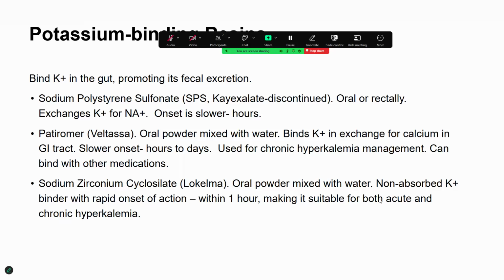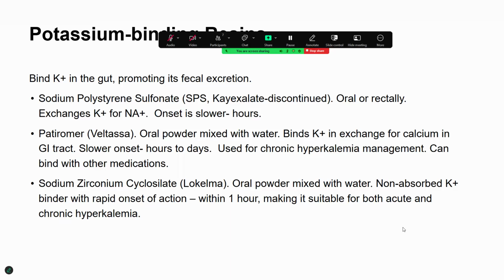Veltassa, an oral powder mixed in water, binds potassium in exchange for calcium in the GI tract. Also somewhat slower, so it's more used for chronic hyperkalemia management. It can also bind with other medicines.